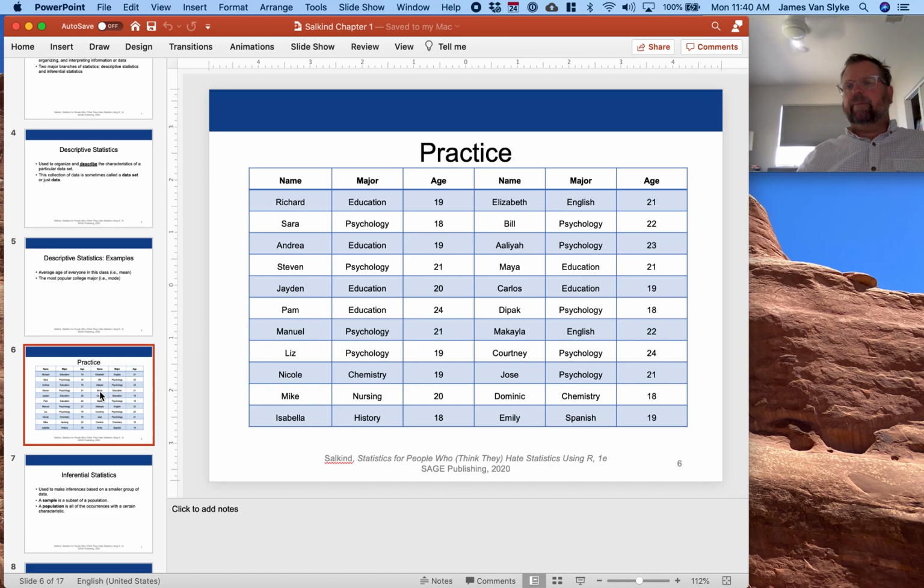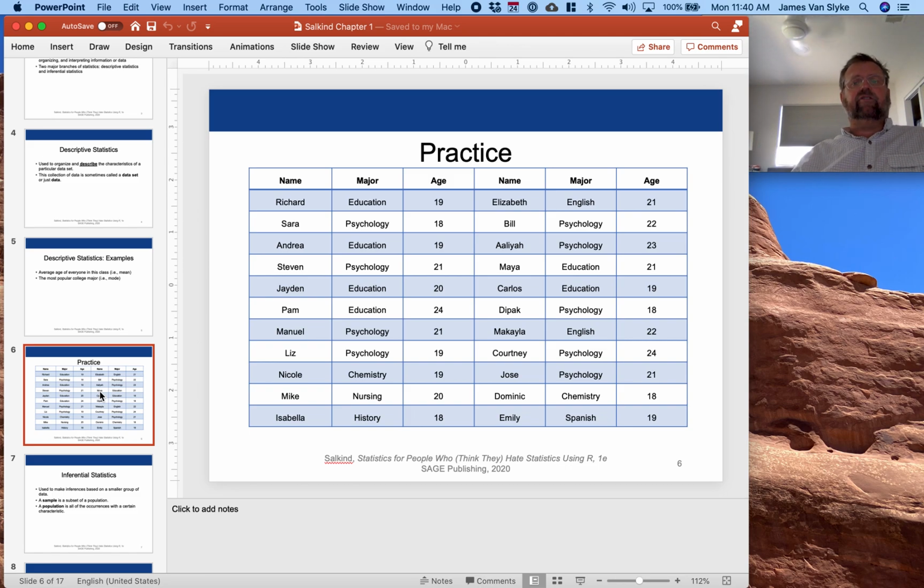So here's an example of a descriptive data set. This gives the names of several different persons from a fictitious class, what their major is, and what their age is. We could find out the average age of the persons in this class, and that would be the mean.